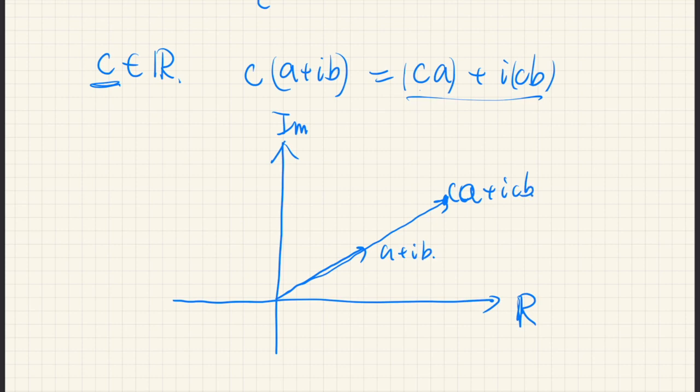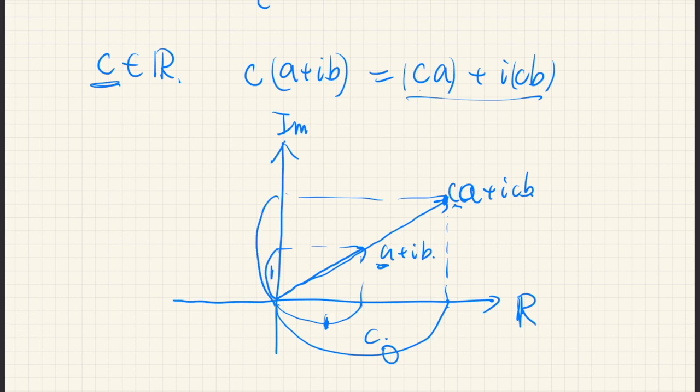So the x coordinate, the real part, is c times a. The ratio between this one and this one is c, and the same for this one: the ratio between this and this is c. So if this is 1, then this is c. This is actually b, so this is cb, and this is a, so this is ca.